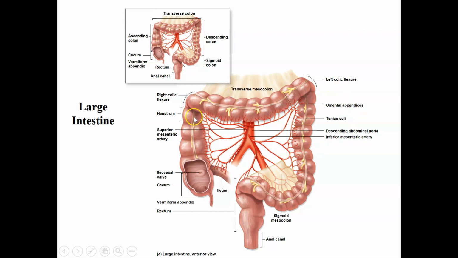The ascending colon, the descending colon, and the rectum, those three are all located retroperitoneal. The cecum is not, the ascending colon is, so that's within the back body wall. Then it emerges to form the transverse colon, and that's intraperitoneal.